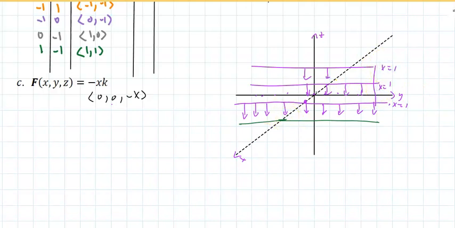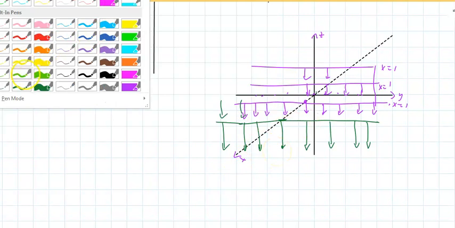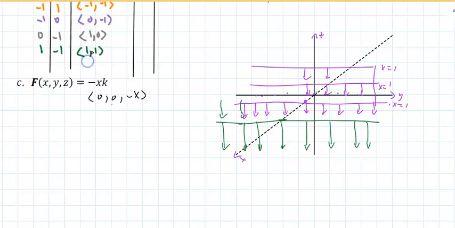x equal to 2, 0, 0, negative 2. So it seems the further I move in the positive x direction from the origin, the stronger the field is pulling downwards, right? And if I go to 3, of course, it's going to pull even harder down. If I move backwards, if I move to negative 1, then it's going to be pointing upwards.